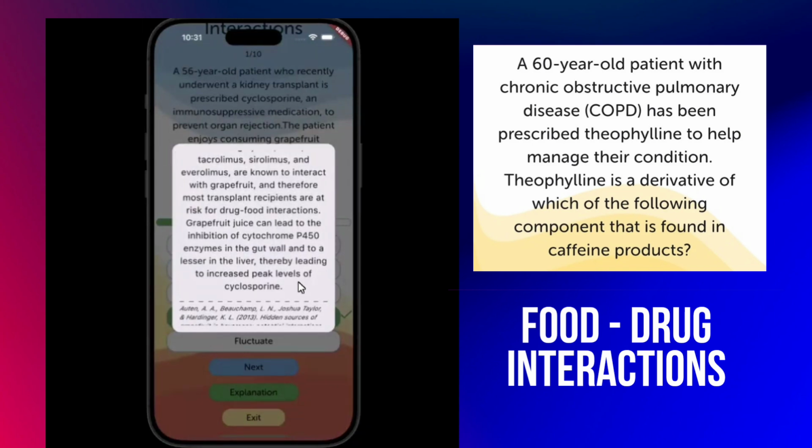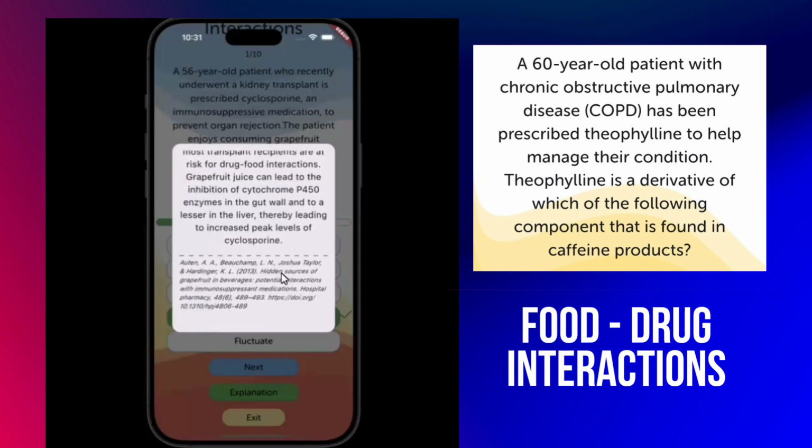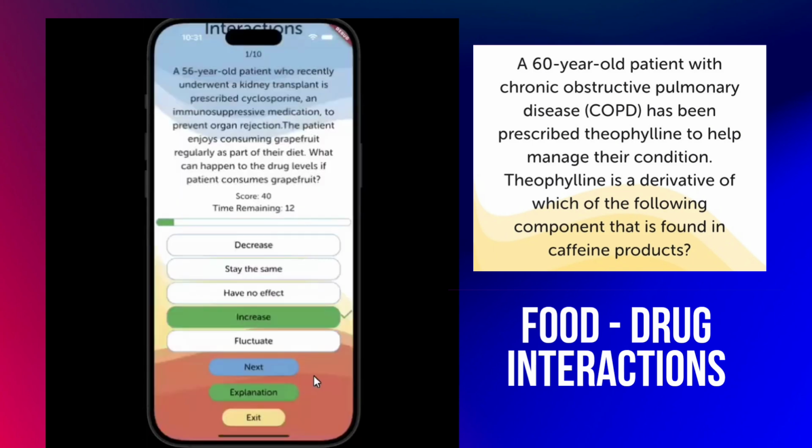Because grapefruit or grapefruit juice can lead to inhibition of CYP450 enzymes that reside in the gut wall, and to a lesser extent in the liver, thereby leading to increased peak levels of cyclosporin or any of the immunosuppressants that were listed above. Okay, so kidney transplant patients should avoid grapefruit juice while on immunosuppressive therapy. Let's go to the next question.